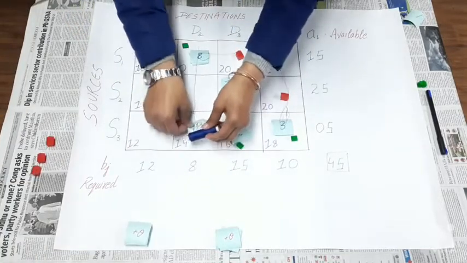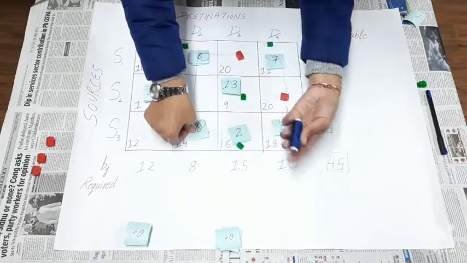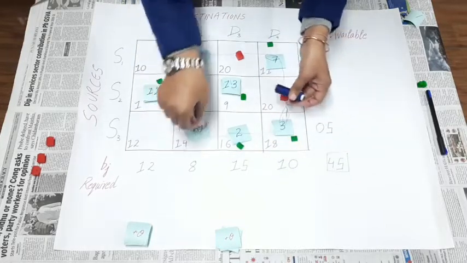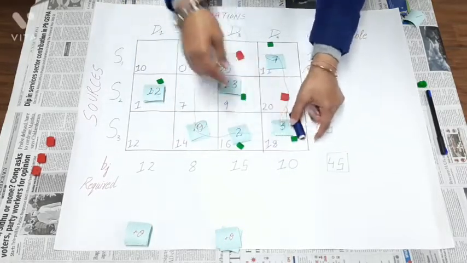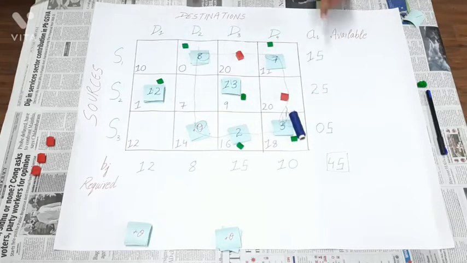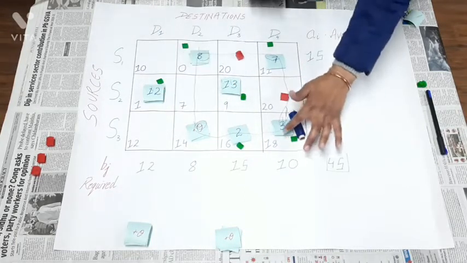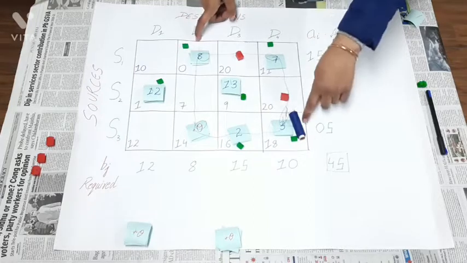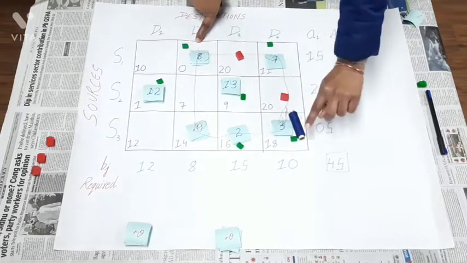We will shift 3 units around it. Why? Because 3 is the minimum, plus, minus, and from 3 and 8 the minimum is 3.